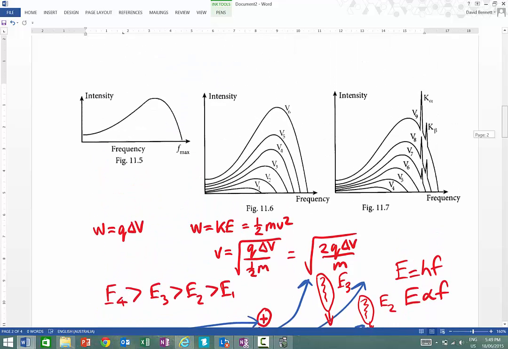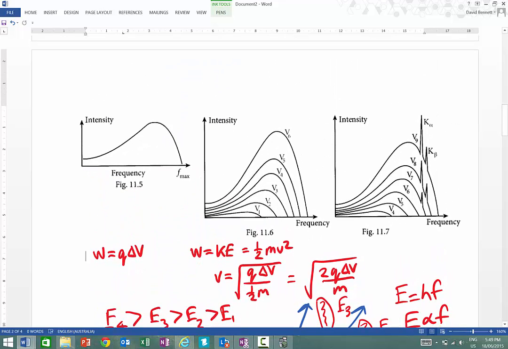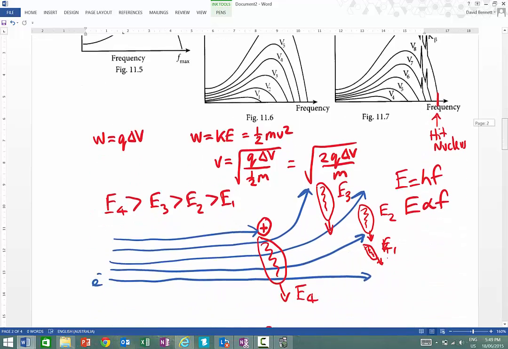So when we relate it to this particular graph here, we've got the maximum frequency, that's where it hits the nucleus. And the reason why it's a continuous spectrum is that it can be at any distance from that nucleus.